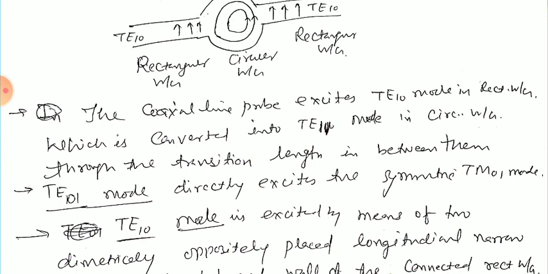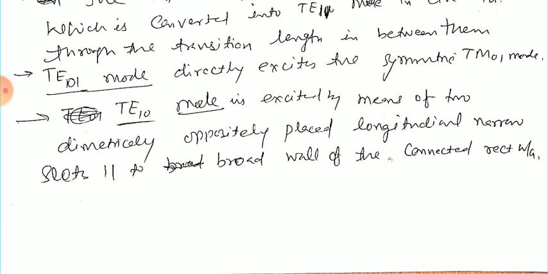And third, the TE10 mode is excited by means of two diametrically opposite, longitudinally narrow slots parallel to the broad walls of the connected rectangular waveguides. So these are the methods by which we can insert the signal inside the circular waveguides. This is the technique of excitation of the various types of modes inside the circular waveguides.